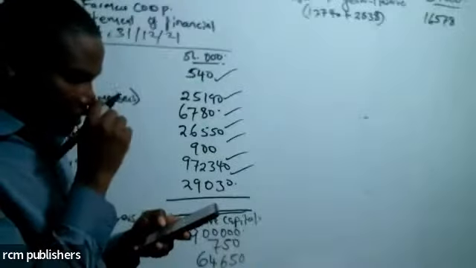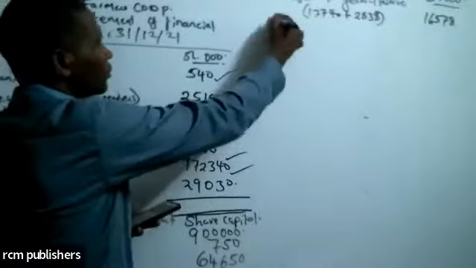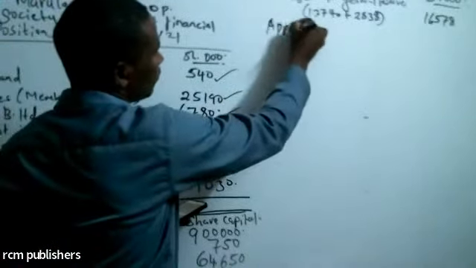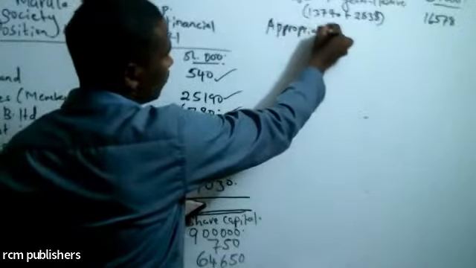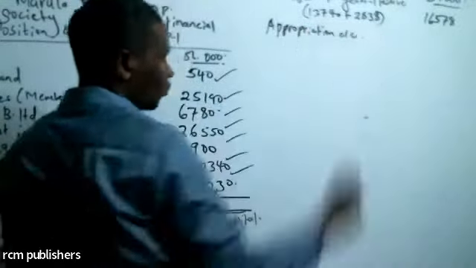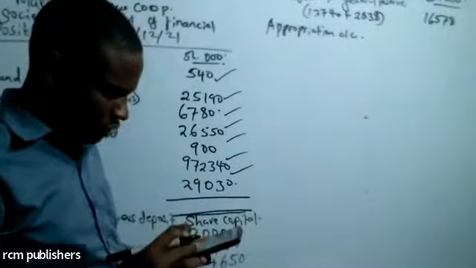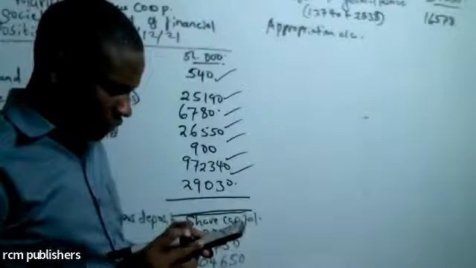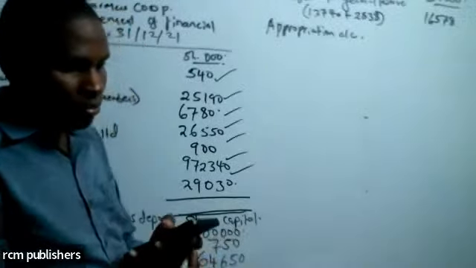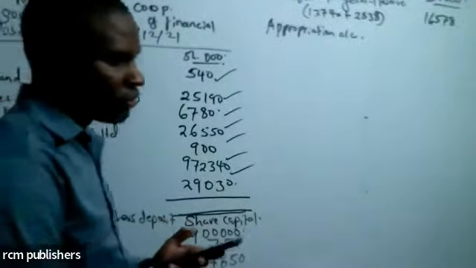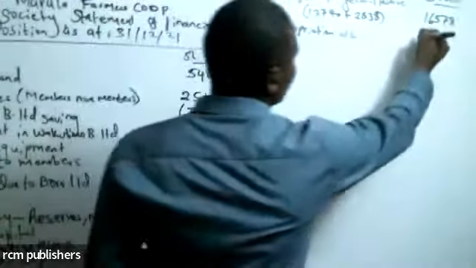Appropriation account ilipatia something. What did we have from the appropriation account? Somebody can look at it well. For the appropriation account, it gave us a balance of 17,454.